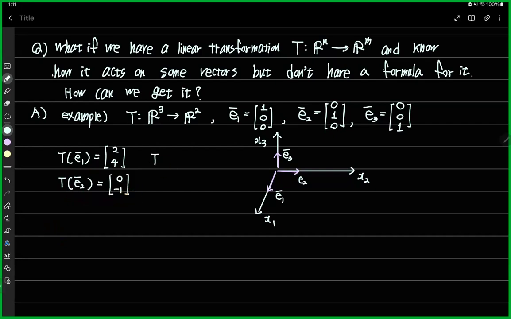And T of E3 returns (1, -5). Let's find the matrix A such that A times X bar is equal to T of X bar.